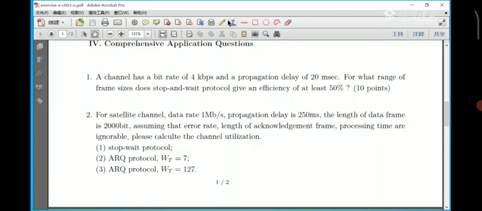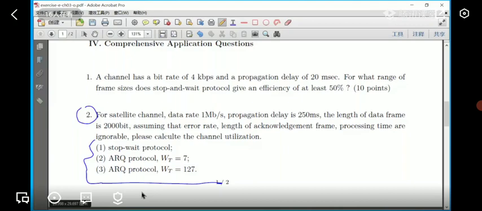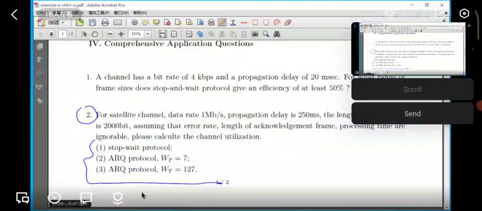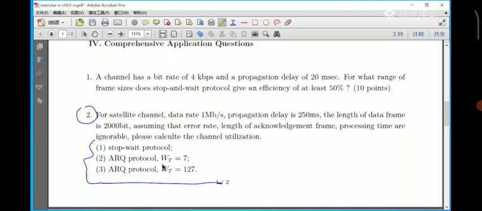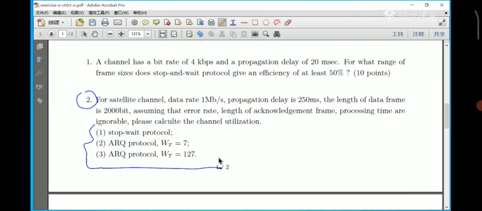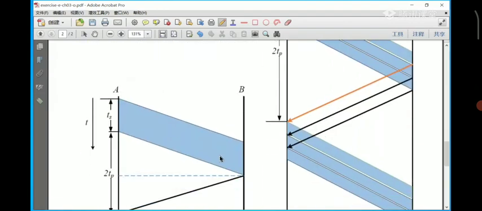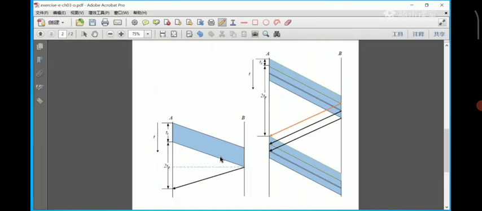Stop-and-wait protocol, ARQ protocol with different transmission window sizes, such as 7, 127, etc. We should draw this kind of graph to analyze the utilization.